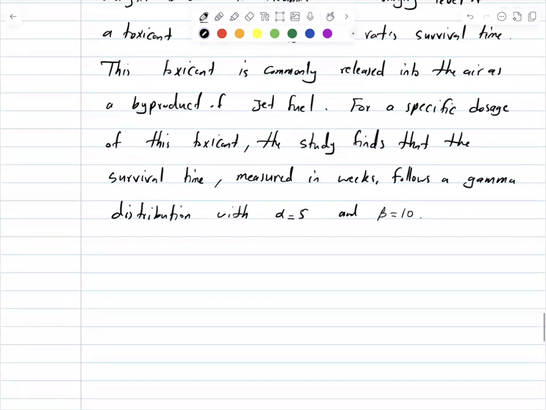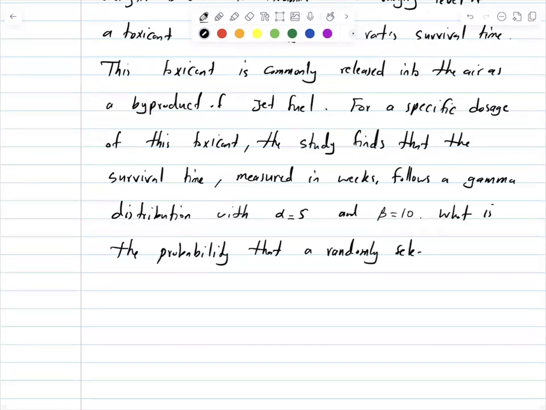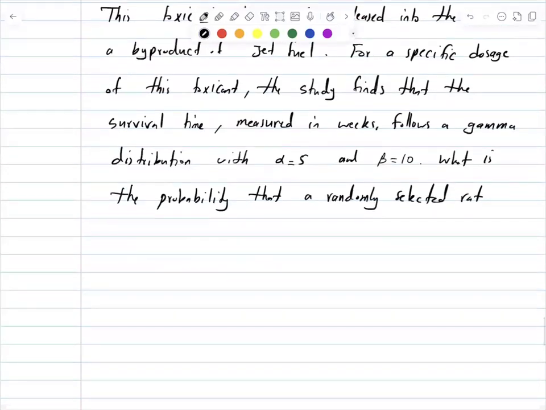We want to know what is the probability that a randomly selected rat will survive for no more than 60 weeks.